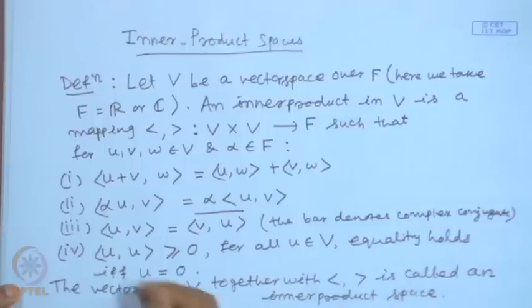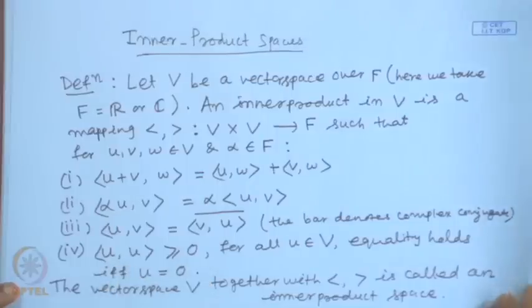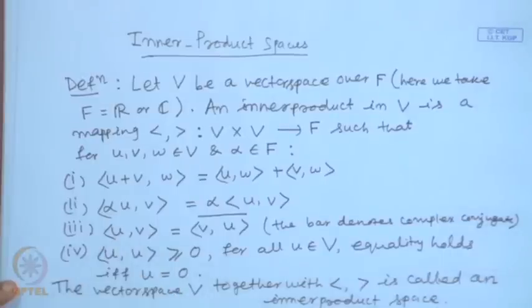Here we must notice one thing: in the 4th axiom, the inner product of u with itself has to be a real number, otherwise we cannot make the comparison greater than or equal to 0. This actually follows from the 3rd axiom. Let us write this as a remark.